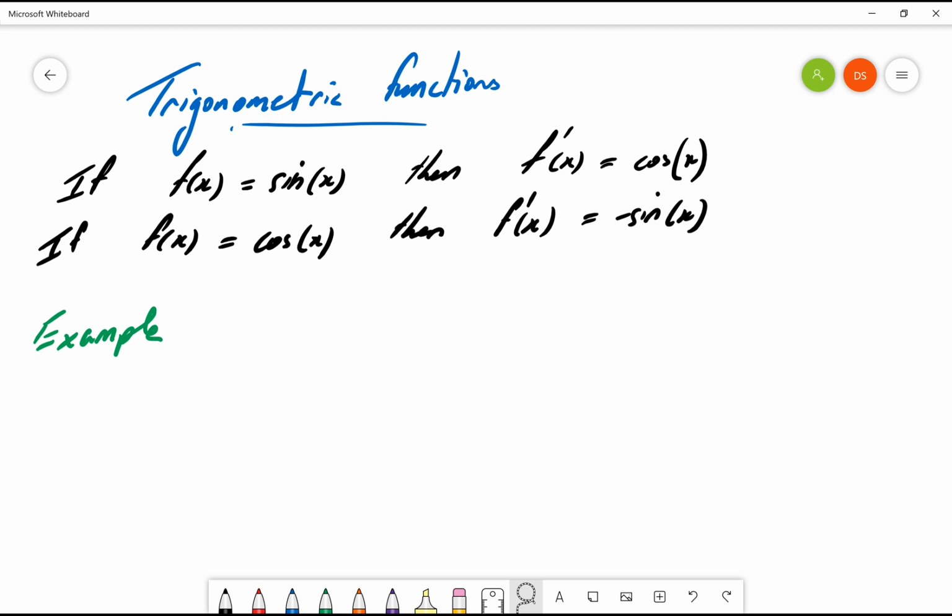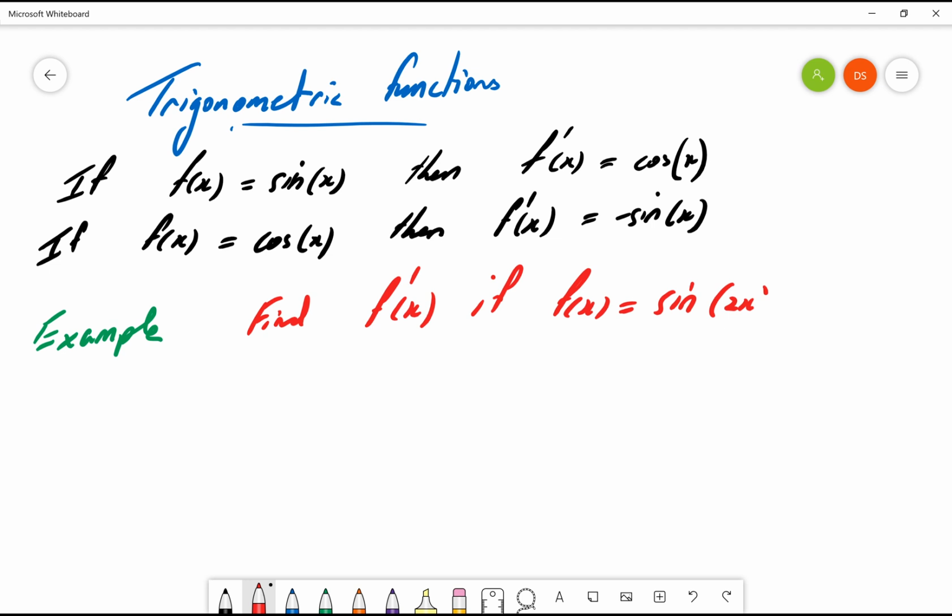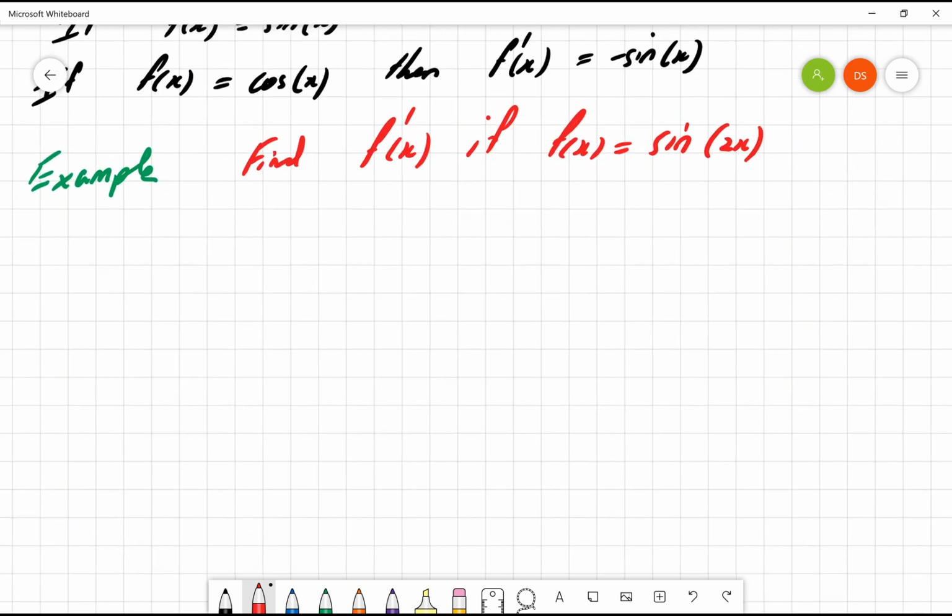So this example, find f dash of x if f of x is equal to sine of 2x. Okay, and actually I'm going to put up a whole bunch of these for you already.